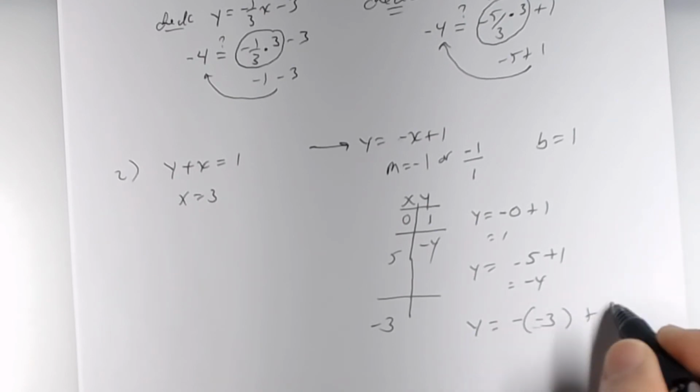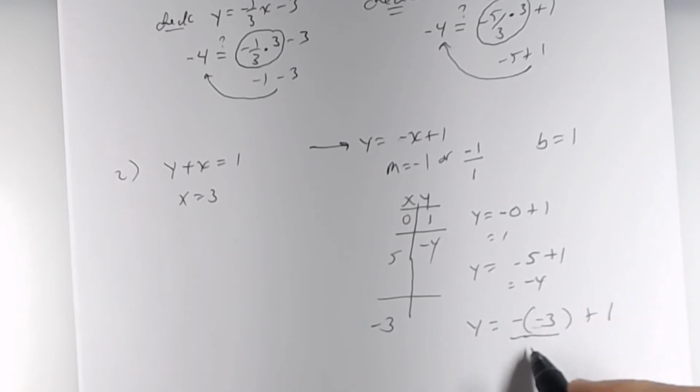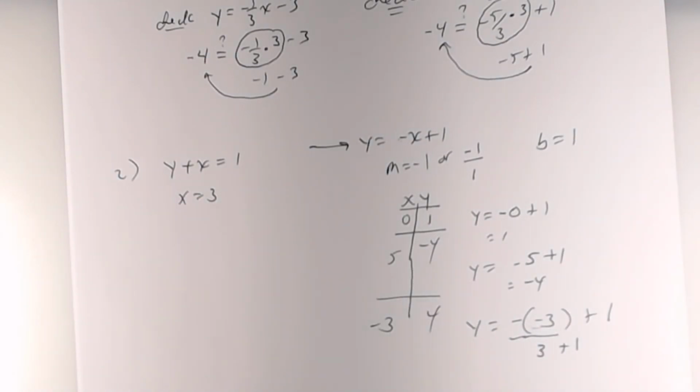Whatever that is, I'm adding 1. But what's the opposite of a negative 3? And what's positive 3 plus 1? 4. All right, so if I did this correctly, all those 3 points in that t-table should lie on the same line. So it does not matter whether you use the slope and intercept or the t-table to graph the line. You'll get the same line.